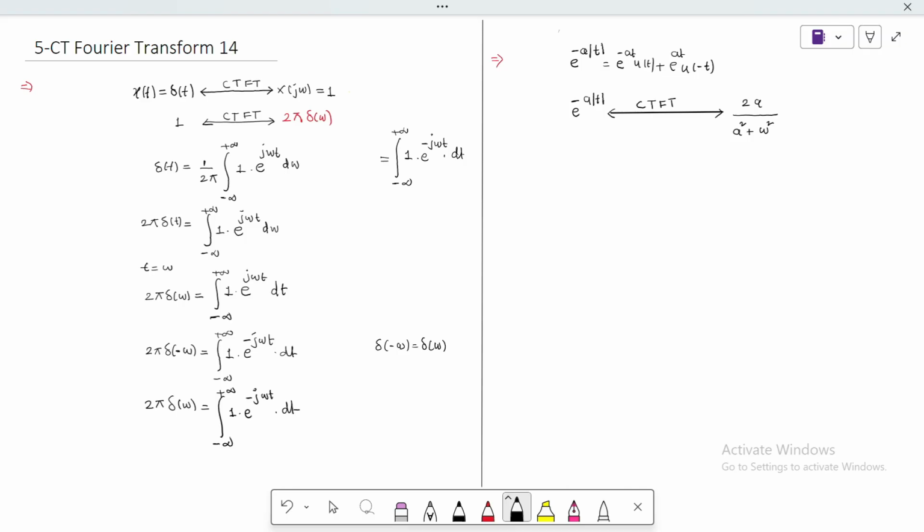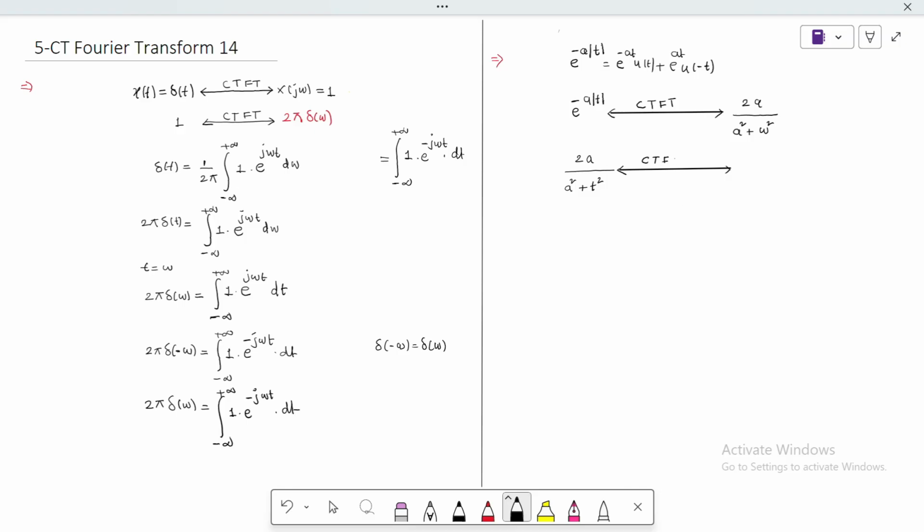Continuous time Fourier transform. Now, for 2a by a square plus t square, what is the Fourier transform?